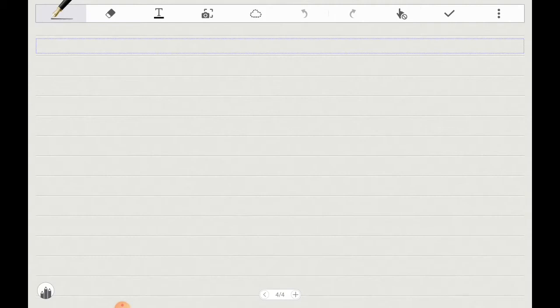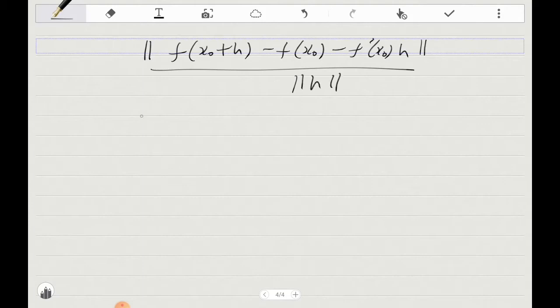So the definition is that we would like f of x naught plus h minus f of x naught minus f prime x naught h, divided by norm h. And since I'm told that f of x equals Ax, this is A(x naught plus h) minus A x naught.